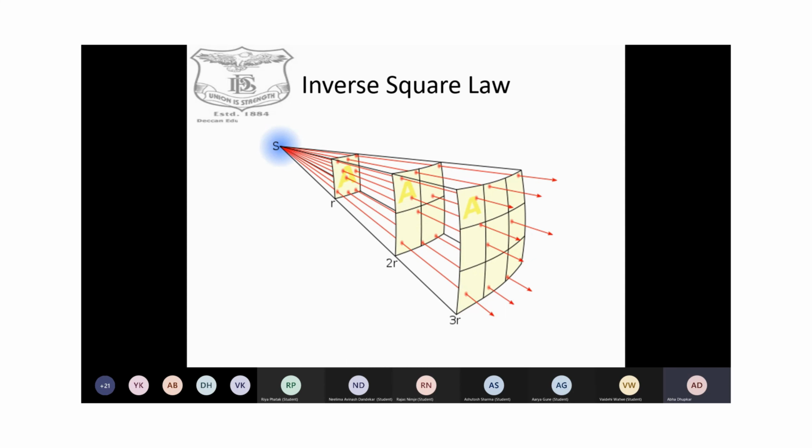If the tube is in one corner, the intensity will be less in the farthest corner. If you are supposed to read a book in the farthest corner, will you be able to read? No, because you will not have enough light to read. So you have to think in those terms. If I am away from a point source of radiation, how much intensity am I getting? It is very less if I am farther away from the point source. As I go closer, it is going to be more.